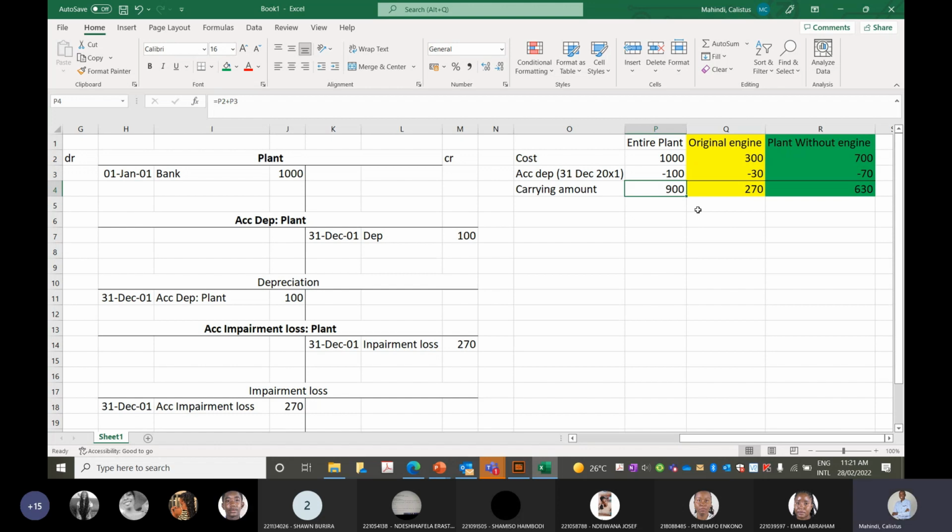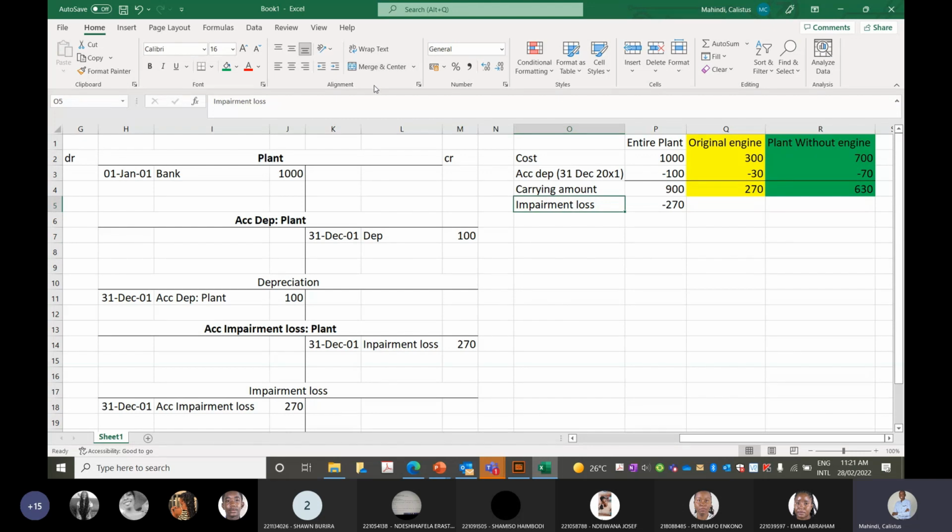We accounted for an impairment loss on the plant, and the impairment loss was $270.